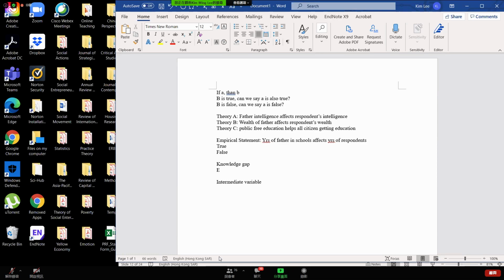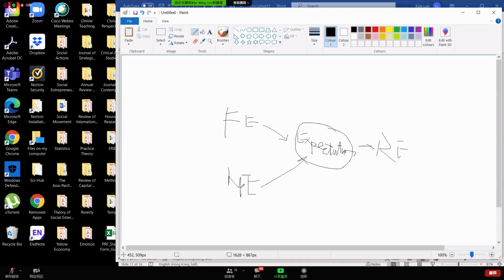Okay, intermediate variable. So that means the ultimate dependent variable is the respondent's education. That is the ultimate dependent variable. And the ultimate independent variable is father's education and mother's education.